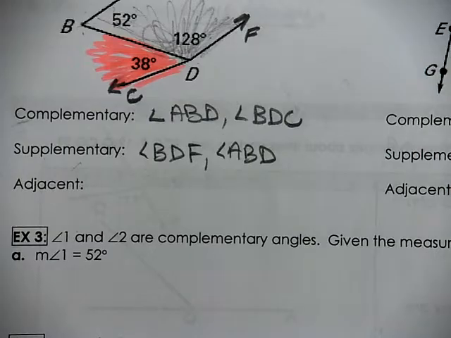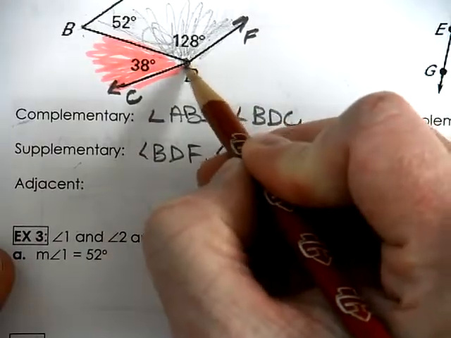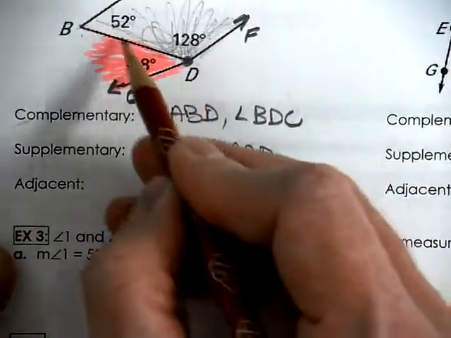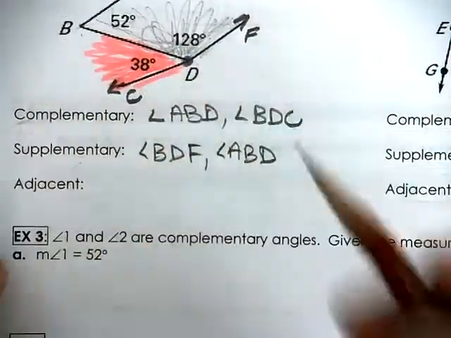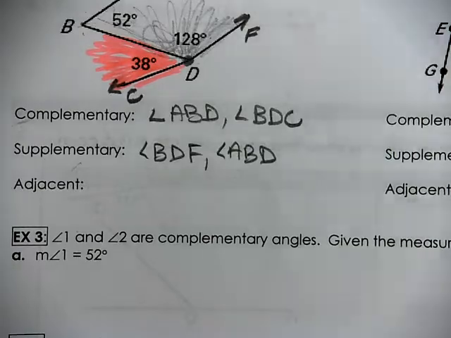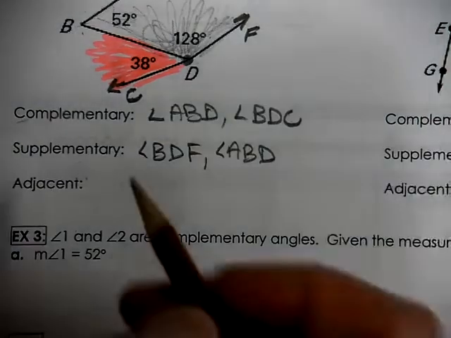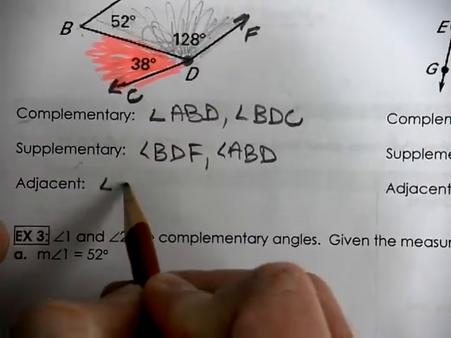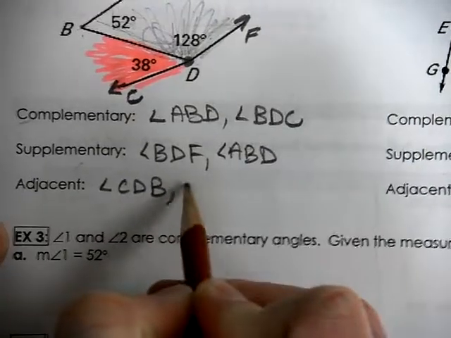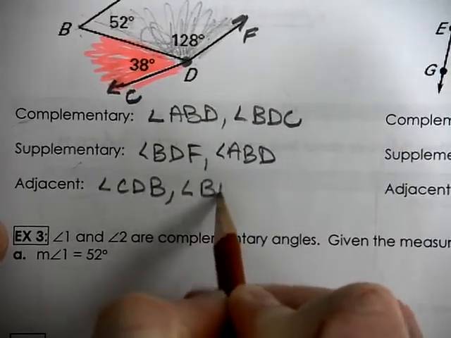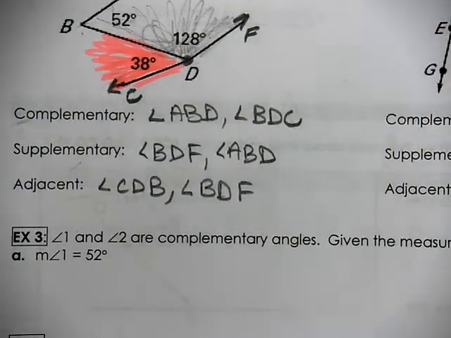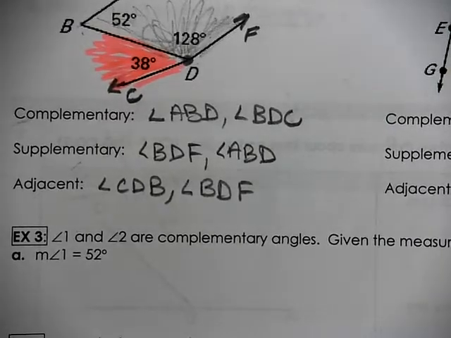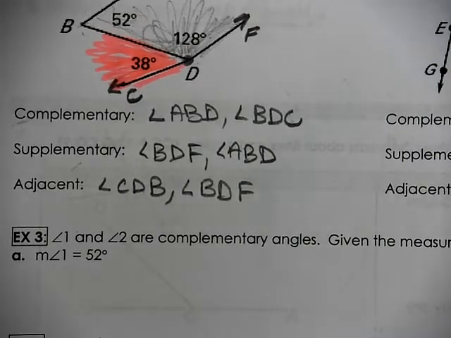They have the same vertex right here at point D. They share a side, and they do not overlap. The pink is in one spot, the gray is in another. So you could say that angle CDB and angle BDF are considered adjacent angles. Two angles that are side by side. Same vertex, share a side.